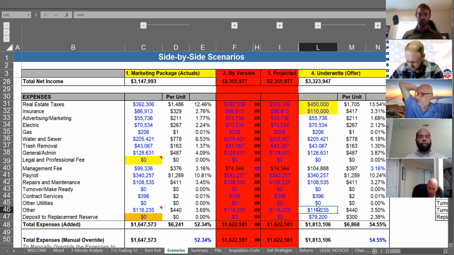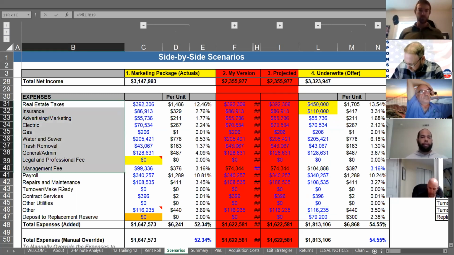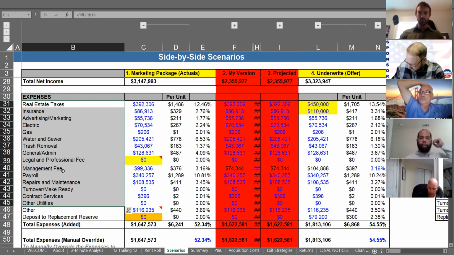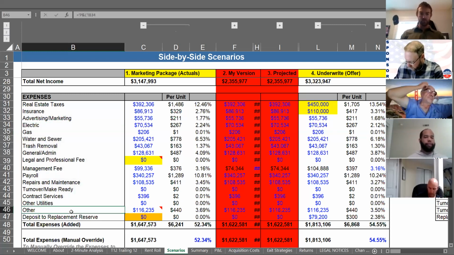Well, I'm going to skip over other, because other could be anything that's not labeled on your expense column. So you may see what's labeled, but if you have something on the T12 that is not labeled, that could fit into one of them, then you would use your other.